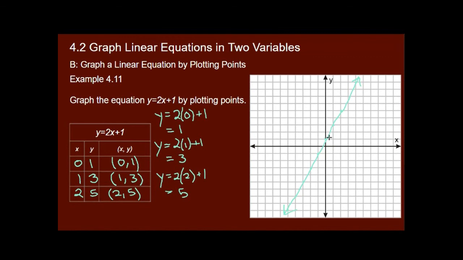Okay, so the x-coordinate 1.5 would be a solution with the y at 4, 1.5, 4. I know that because I can see it on here. Now, obviously, because I didn't draw it exactly, it's hard to tell that. But if I had drawn it nice and straight, you would be able to see that. Okay, so that is how you graph a linear equation by plotting points.